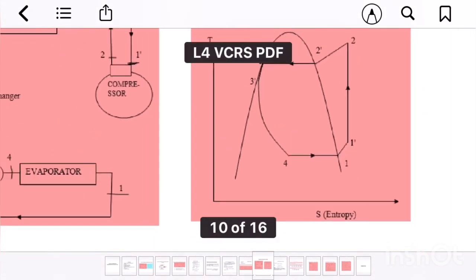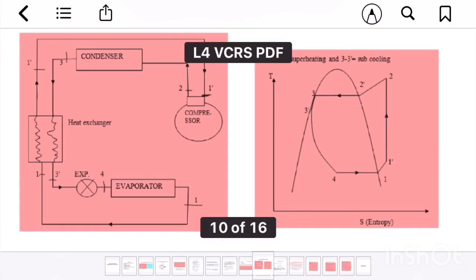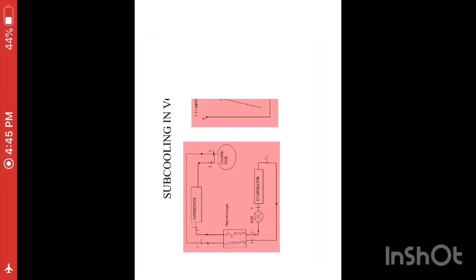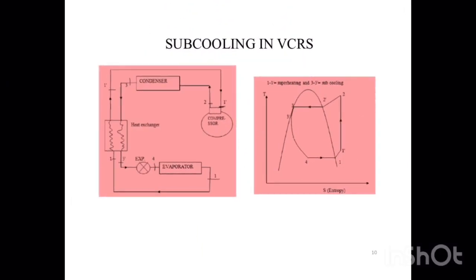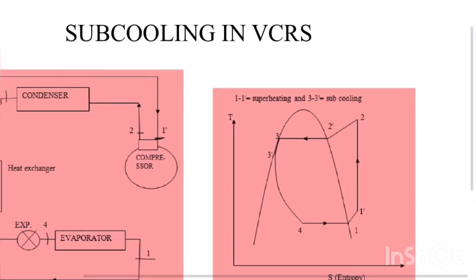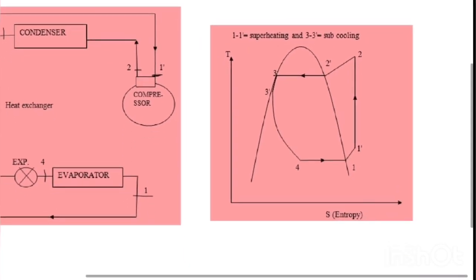you can represent the subcooling in VCRS on the TS diagram.